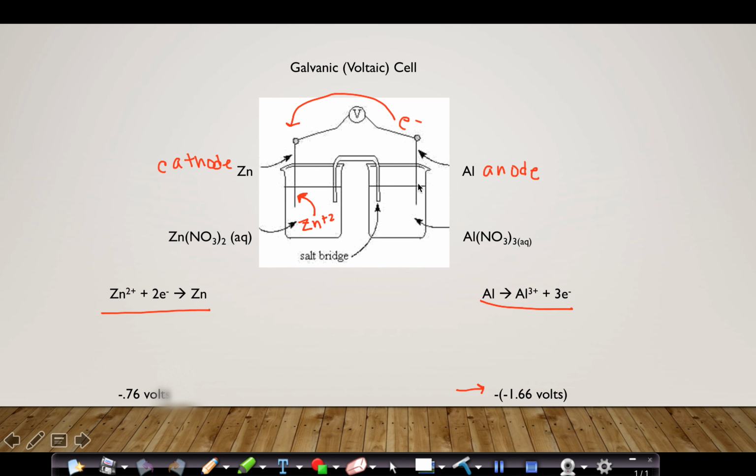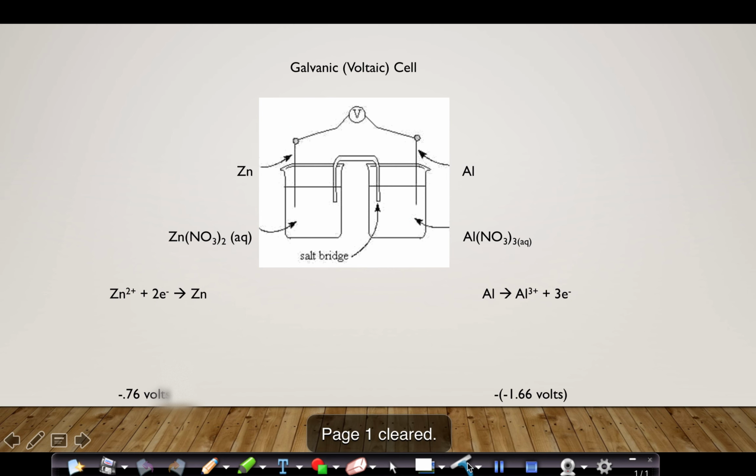The aluminum atoms that are part of the metal, that's a reactant, turn into more aluminum ions as they lose their electrons, and that creates a disturbance in the neutrality. The solutions are no longer neutral. That's why ions have to flow through the salt bridge. Sorry about that. Ions never flow through the wire. Electrons flow through the wire.